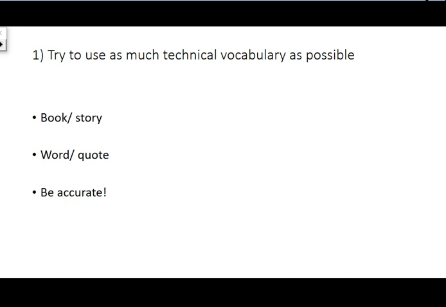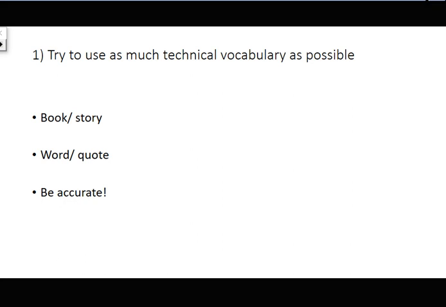So, I'm not going to spend too long on this criteria because obviously you need to have a good mastery of the English language, and sadly, if I could teach that in one video, I would be a very rich woman, but I can't. But this is just going to show you how you can make little changes to your writing style to boost your mark for the language.